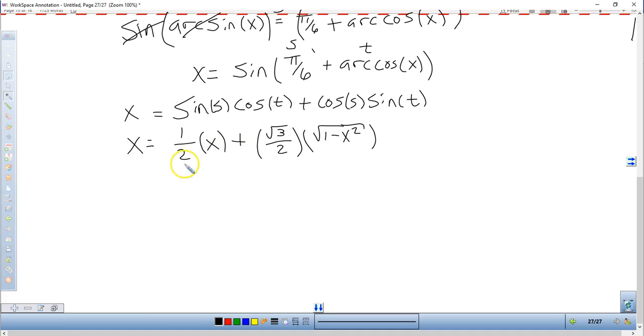Okay, let's try to simplify a little bit. Multiply these together, so I get x is equal to 1/2 of x plus, simplify here, multiply what's inside radicals, so I get root of 3 minus 3x squared over 2. Now I'm going to try to solve for x. We'll subtract 1/2 x.